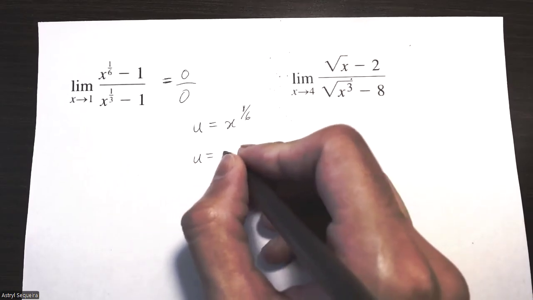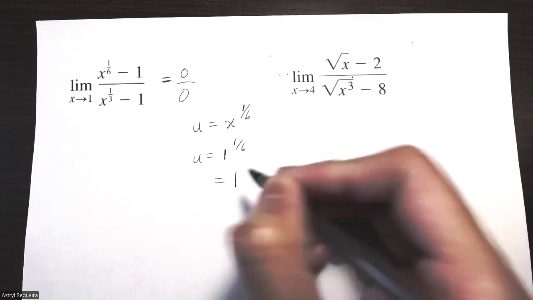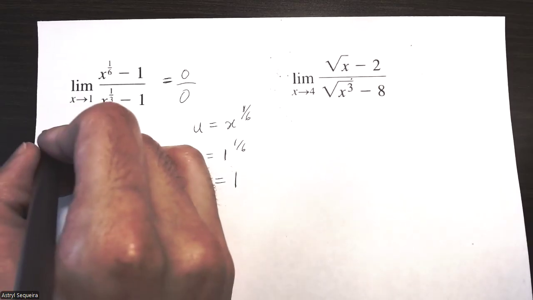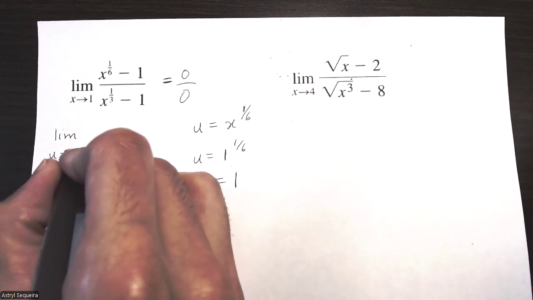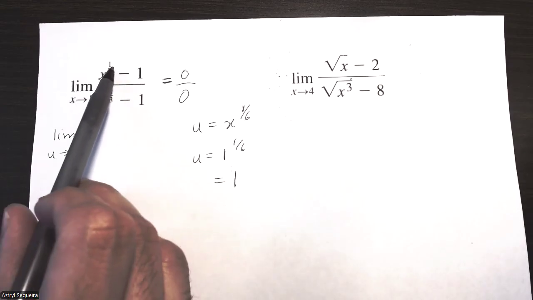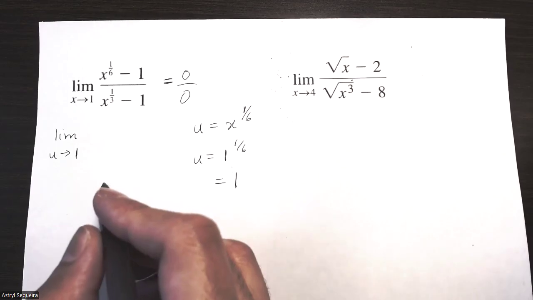So u equals 1 to the power of 1 over 6, which is just 1. So I can replace this limit with lim u approaches 1. And then I know that x to the power of 1 over 6 can be replaced with u.